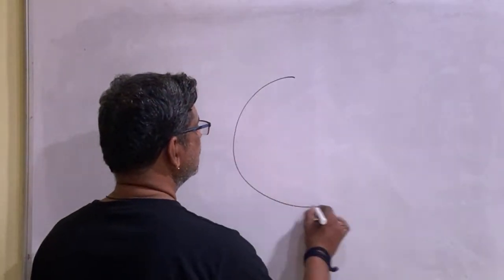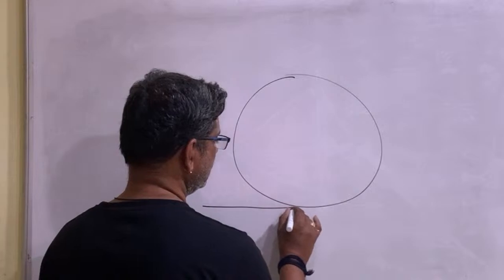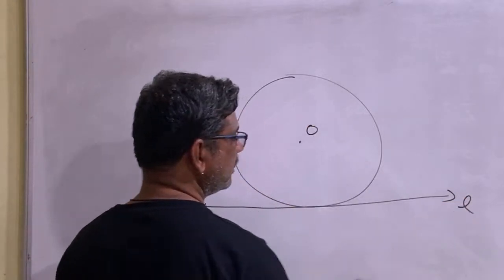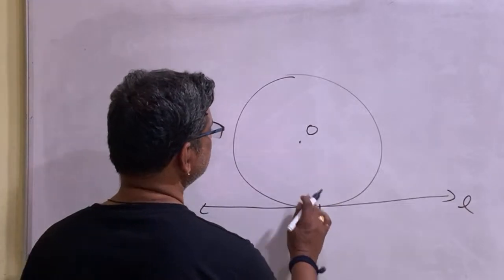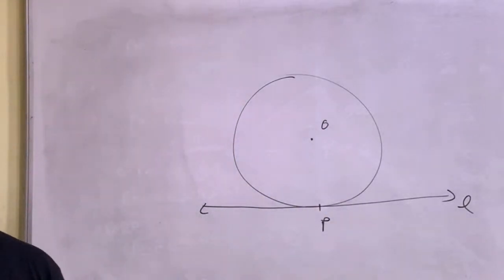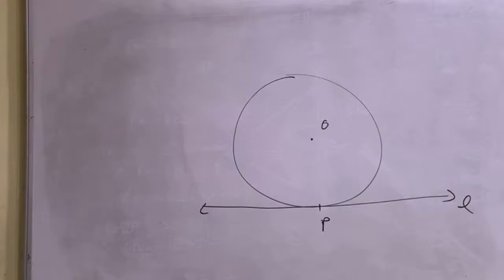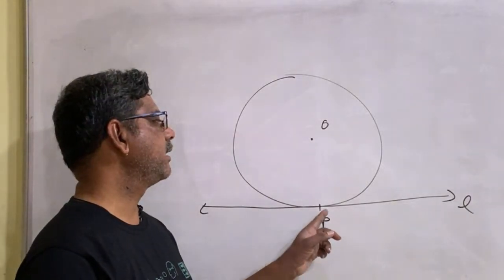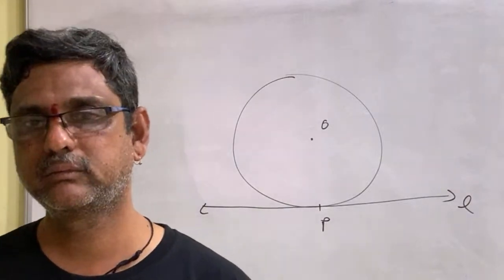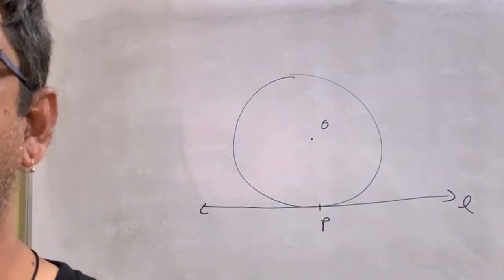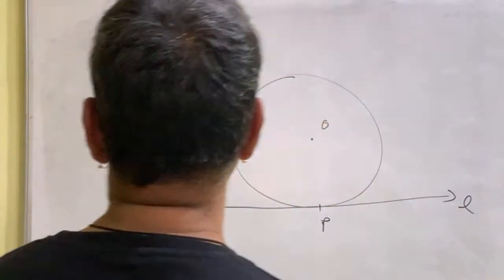There is a circle with center O and there is a line L which is tangent at P. Now, what he says is, if we draw a perpendicular at P, it surely passes through the center. That is what we have to prove.